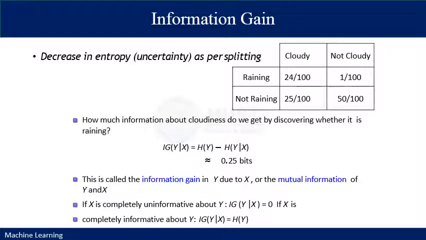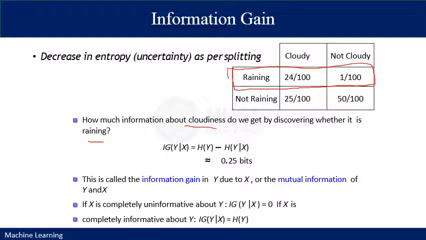So entropy helps us to find out the information about the attribute. A decrease in the entropy reduces the uncertainty as per splitting. So how much information about the cloudiness do we get by discovering whether it is raining? As you can see, we can get the information about the cloudiness based on the raining values.